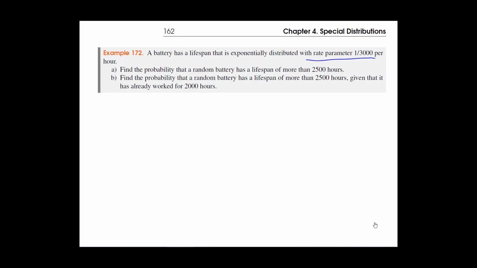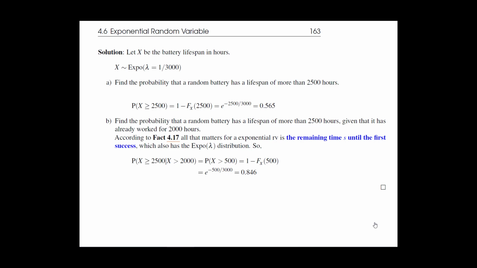Part B is conditional: greater than 2,500, given that the battery has lasted 2,000 hours. By the memoryless property, we know that's the same as the remaining lifetime. In this case, the remaining lifetime is 500, very clearly.